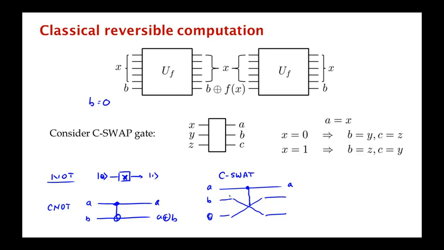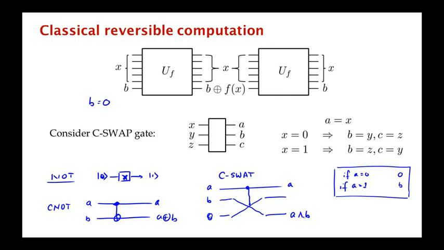And if A is 1, then the output is B. This is another way of writing the AND function, because the only way the output is 1 is if A is 1 and B is 1. So this output is A AND B.